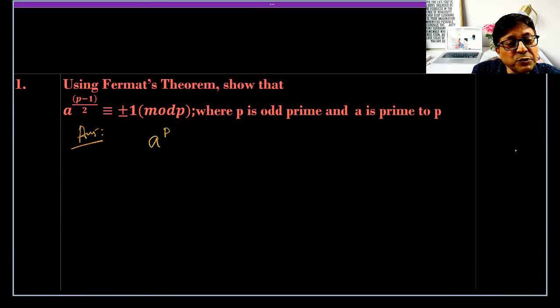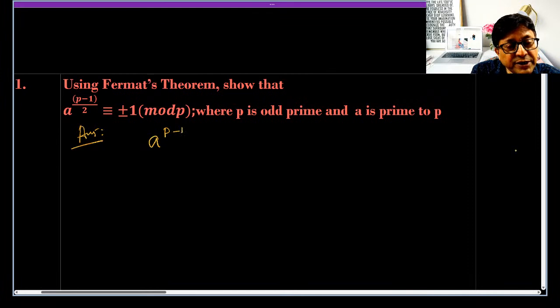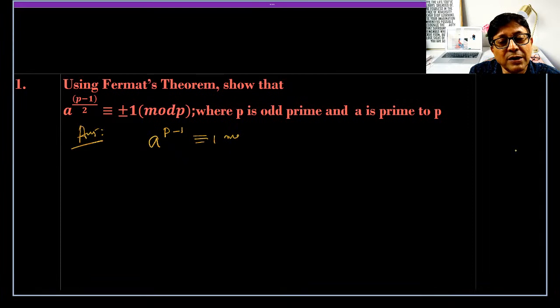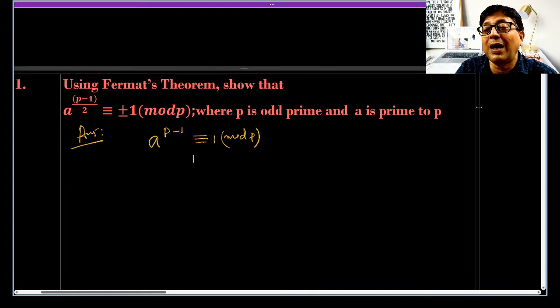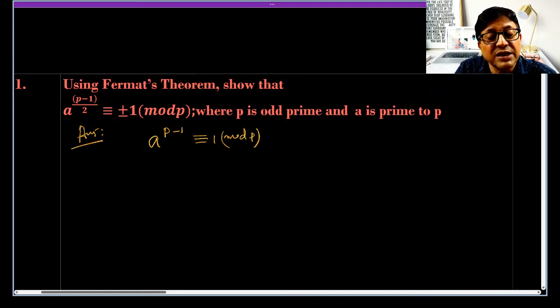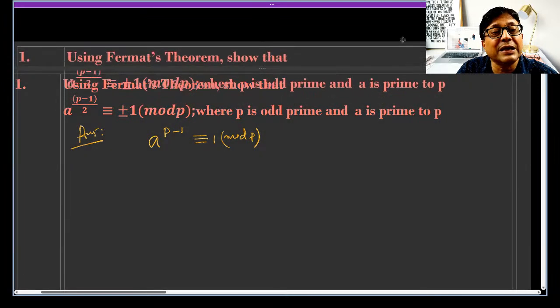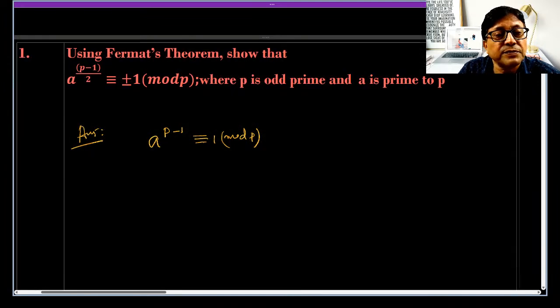When a is prime to p and p is a prime number, a to the power p minus 1 is congruent with 1 mod p. I am not giving the proof, because the proof needs the concept of circular permutation or binomial theorem or linear congruencies. We haven't done that here, but once linear congruence is done, I will give you at least one proof.